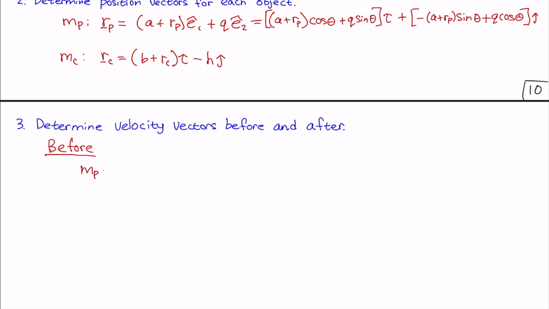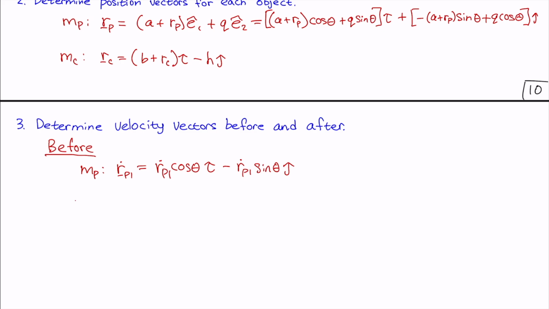So for our package, we're going to go and compute our derivative of this RP. We're going to say this is RP1 for time t1. And then taking the derivatives here, cosine theta is constant, q and a are constants. And so we're going to end up here with simply RP1 dot cosine theta in the I direction minus RP1 dot sine theta in the j direction.